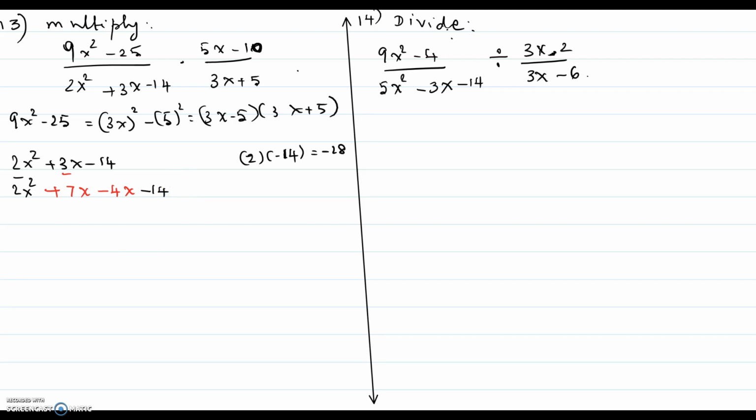Then we apply grouping. Anytime you have 4 terms, you have to do grouping. So we will group the first 2 terms and the last 2 terms together. The first 2 terms have a GCF of x, which can be pulled out. Then you can write (2x + 7) in parentheses. In the second 2, you can pull the negative 2 out and you can write inside 2x + 7 also.